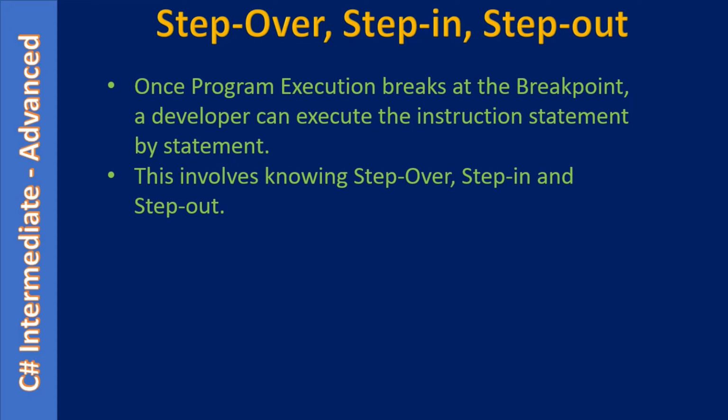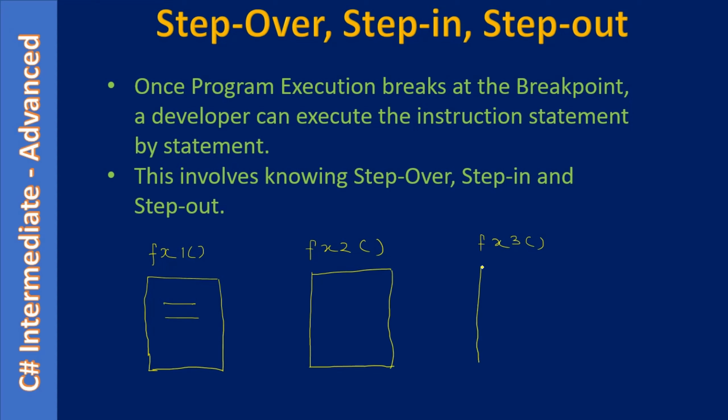These options are useful when we execute the program line by line, which involves function calls. Say, for example, we have function fx1. Let's state that fx1 is calling fx2.